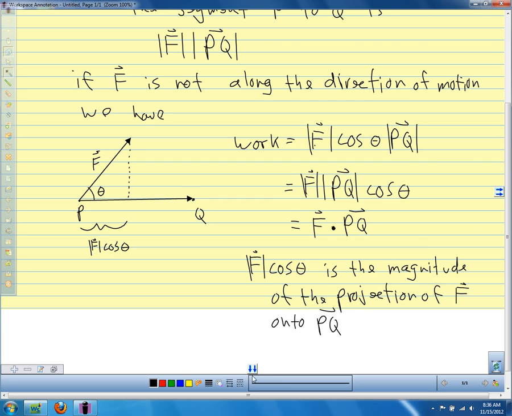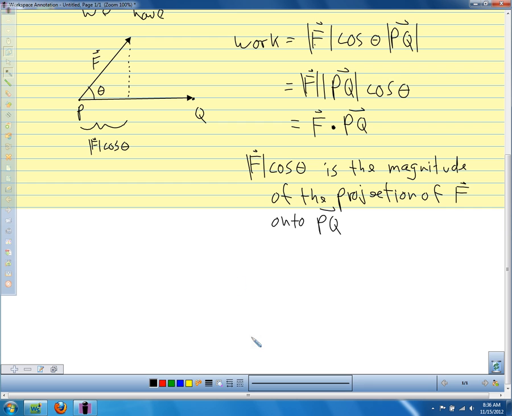So we could also write, and you'll see this sometimes, I like to think about it in terms of the dot product, but we could also say that the work is the magnitude of the projection onto PQ of F times the magnitude of PQ. So sometimes you'll see it represented this way. But the magnitude of the projection of F onto PQ is just the magnitude of F times the cosine of the angle between them.